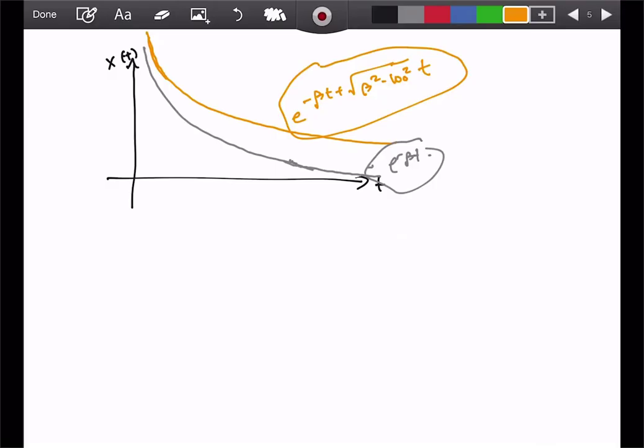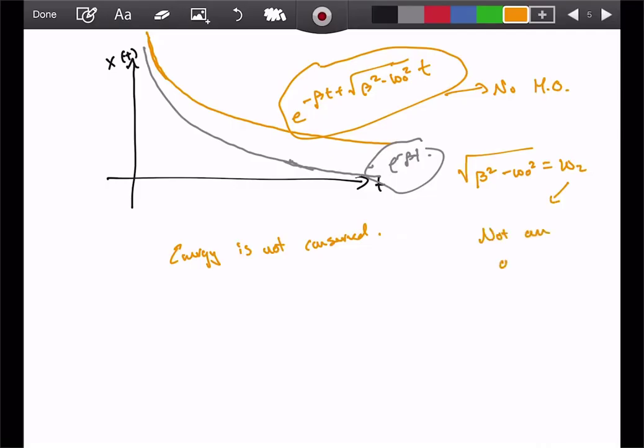And in this case, my energy is also not conserved. Notice a couple things here. Just like critically damped, there is no harmonic oscillation, which means that this term, the square root of beta squared minus omega 0 squared, which I'm going to call simply omega 2, is not an angular frequency.